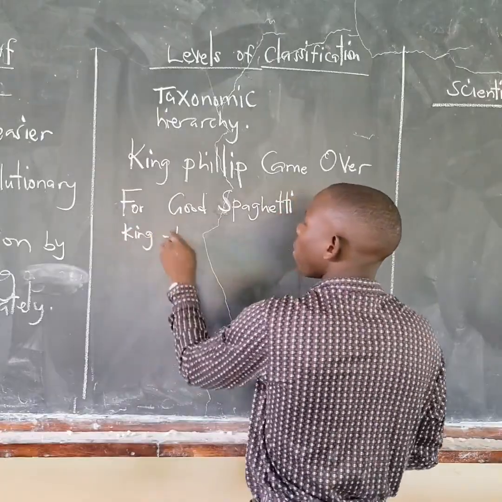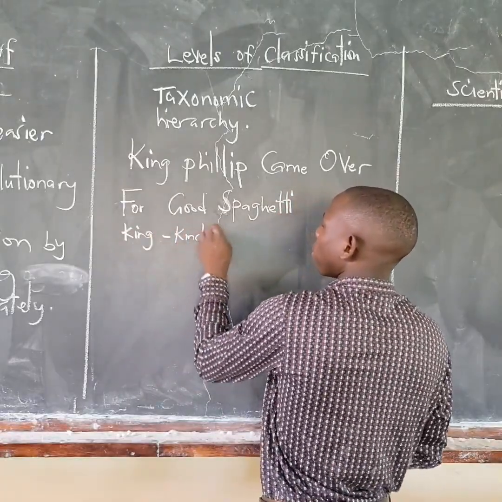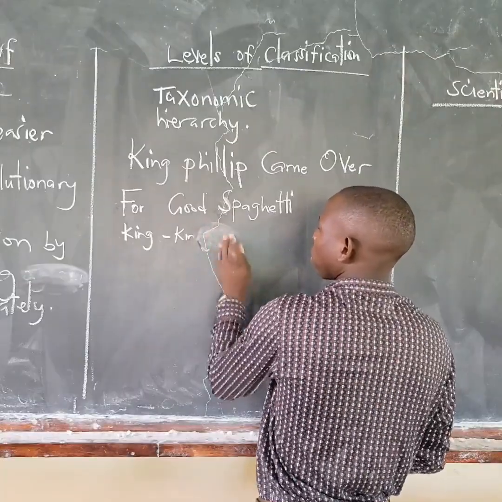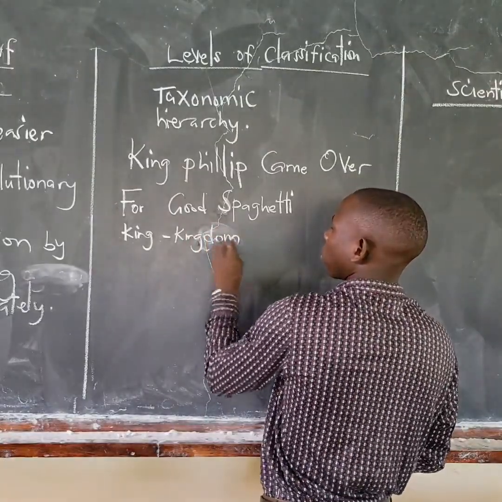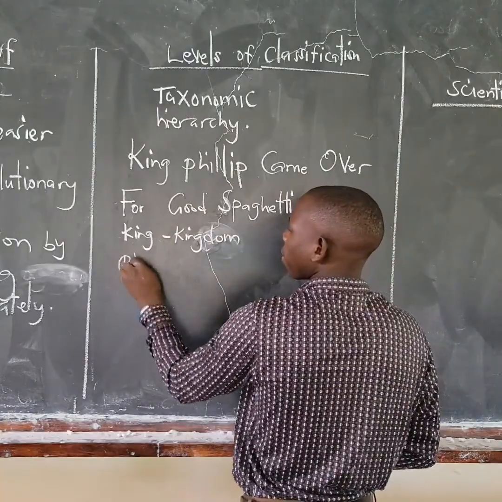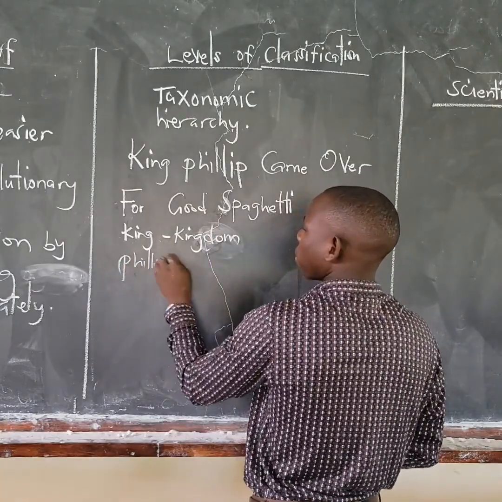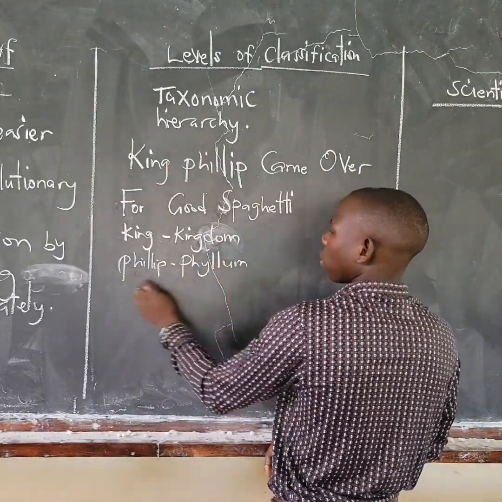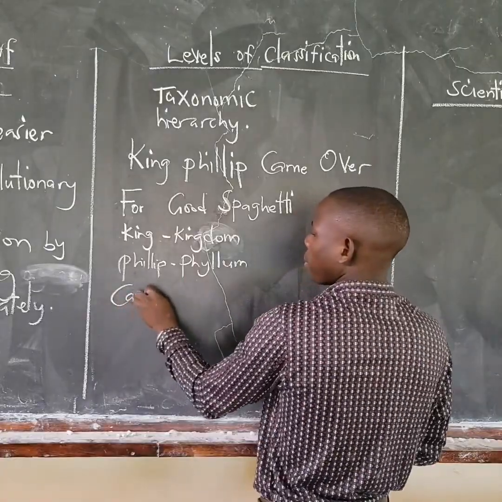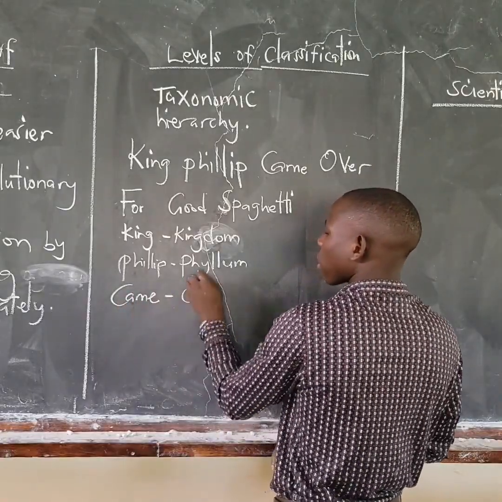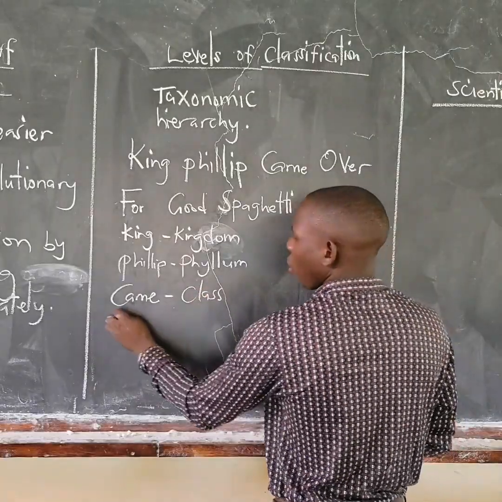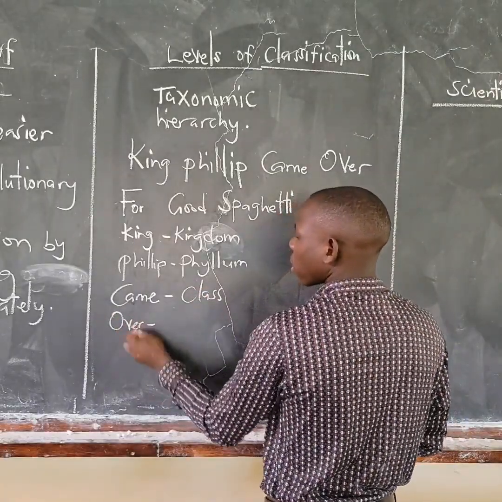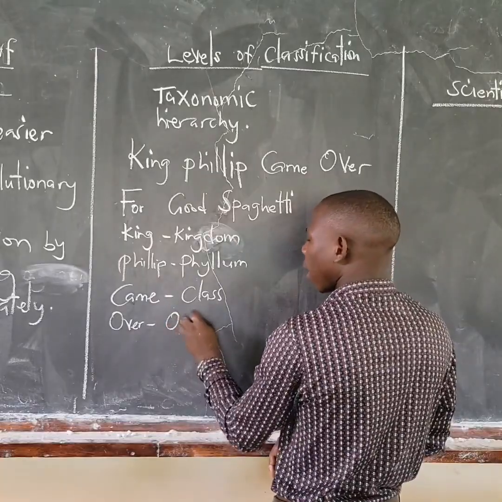King is standing for kingdom. Philip is standing for phylum. Came is standing for class. Over is standing for order.